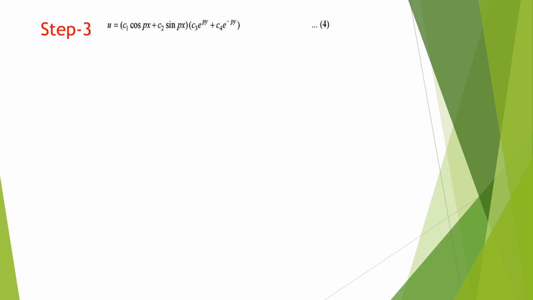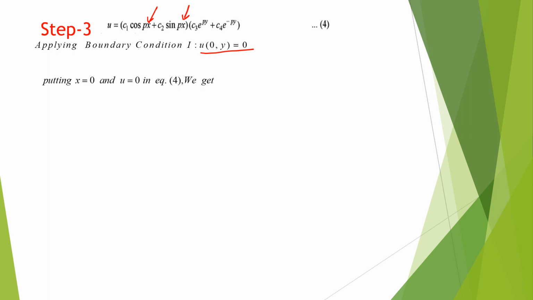Now we use the boundary conditions. First boundary condition, when x is 0, u is equal to 0. That means we have to put x as 0 over here. We get 0 is equal to c1, and this term remains the same.